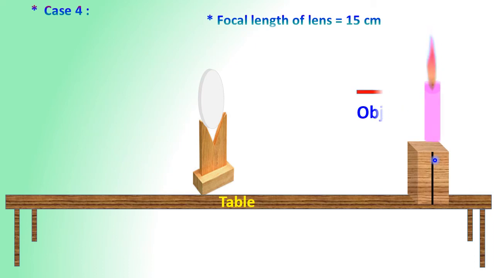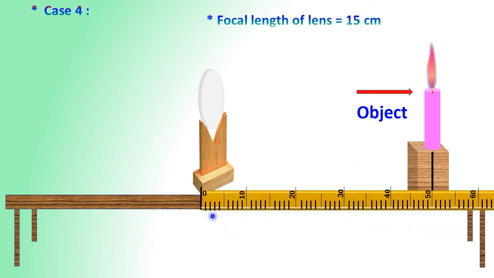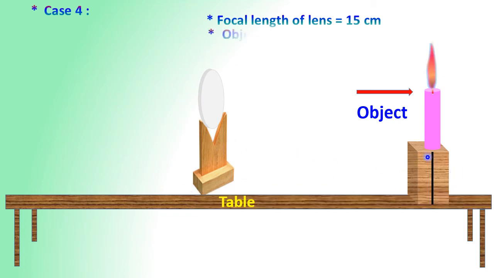Wooden block, object, that is the candle. Now let us measure the distance of the candle from the V stand. It is 50 centimeters. So object distance equal to 50 centimeters.